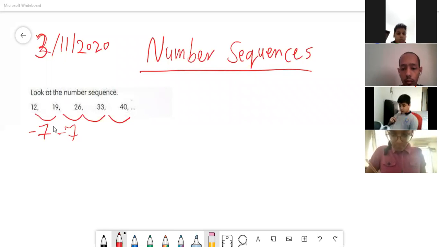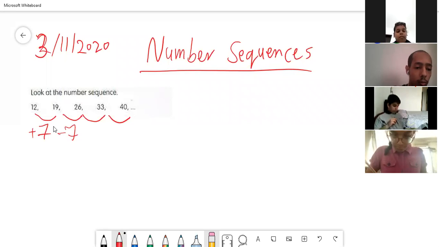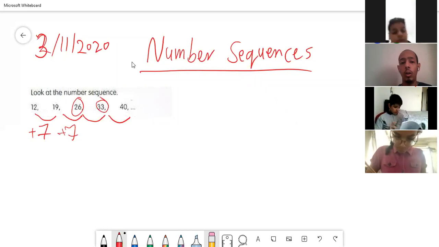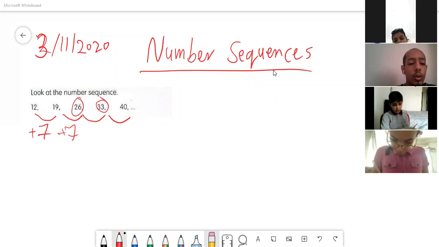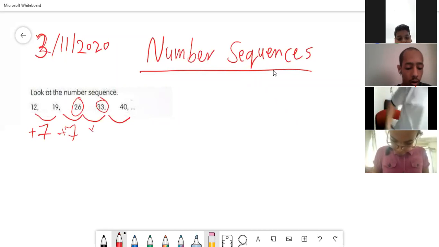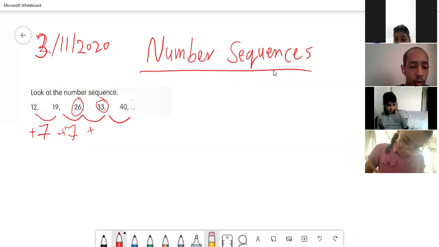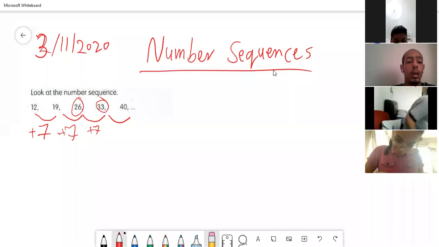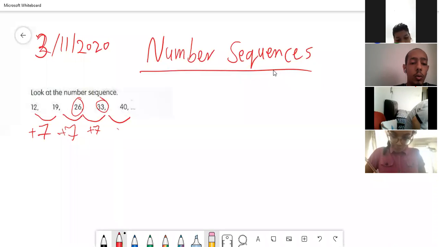We plus 7. And the difference between 33 and 26 is also 7. So each time we are adding the same number, which is 7. In this sequence, 33 plus 7 equals 40.